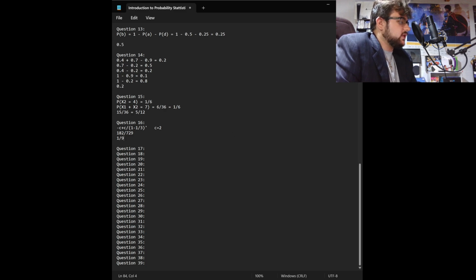And then for C, you need another geometric series. So after you solve the geometric series, you get negative 2 bracket 1/3 over 9 plus 2, and then bracket 3 over 2. And if you solve that, you get 1 over 9. Now, if you do the geometric series differently than me, you can get an incomplete answer.